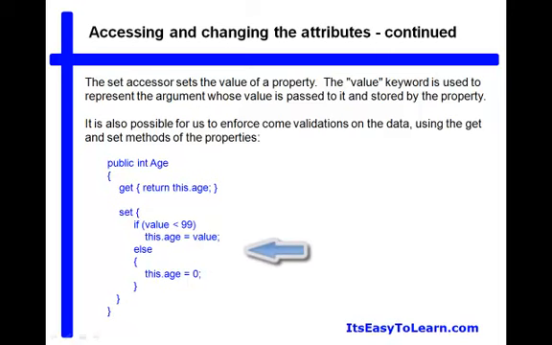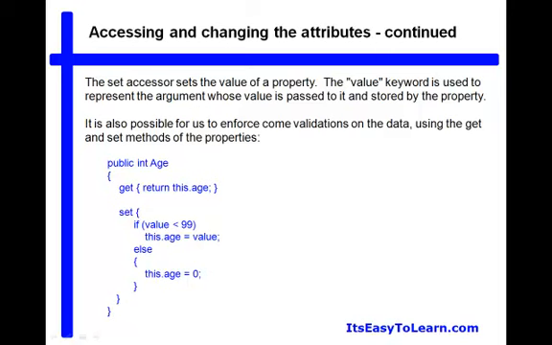For example, let's say you have this property called age, and you don't want users to accidentally or intentionally set the value to more than 100. You want to enforce that this age is always less than 100. So what you could do is, in the set accessor, say if value is less than 99, accept the value, otherwise set it to 0.